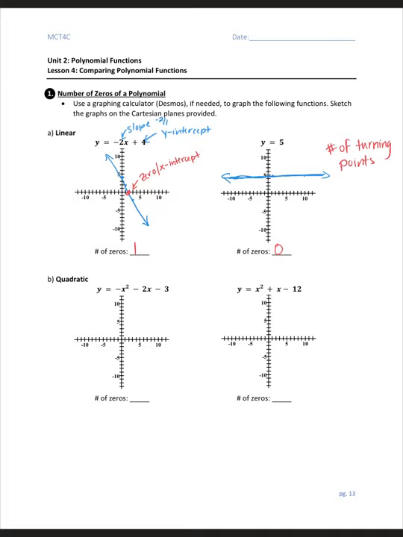The graph is decreasing, and then all of a sudden it changes directions and starts increasing. So if we look at these lines, this first one is just decreasing. It never changes its direction. It never has a turning point. And my horizontal line is the same. My horizontal line is just horizontal. It's not moving up or down, but it certainly never changes directions. So the number of turning points for our linear relationship is 0.